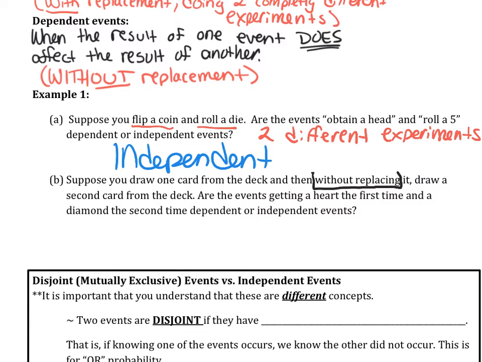Without replacing means our total to choose from went from 52 to 51. Something changed. Our second event is going to be affected by that. Dependent because we didn't replace. If we put it back, if we drew a card, put it back, and then drew another one, that would be independent.